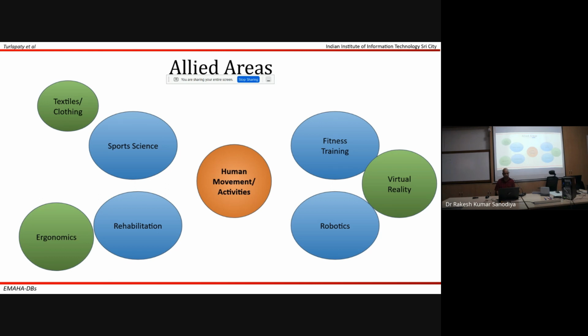But there are other areas in which it is possible to apply this analysis and data studies. Other areas like virtual reality, economics, and the clothing and textiles industry. For example, in virtual reality, I don't know if you are familiar with a company called Leap Motion, where they are looking at human movement, especially through motion sensors, and they get the exact information about the position of the finger joints.